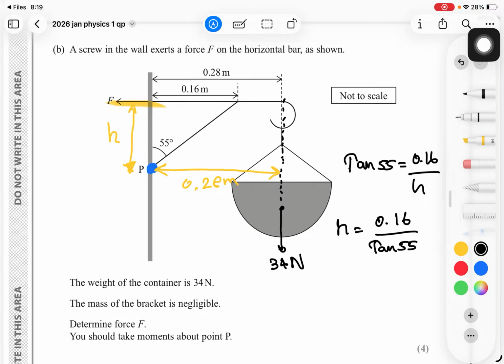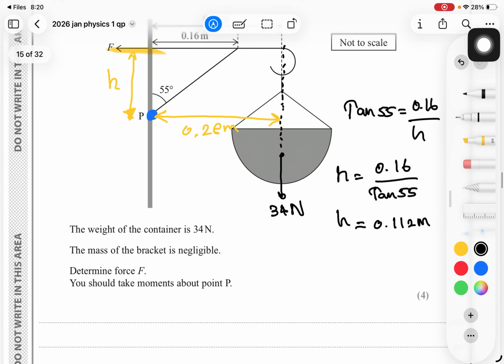With trigonometry we can get that value, which will be 0.112 meters. This is one important thing to get the moment. So let's take the weight acting as a clockwise moment, and the force F acting as an anticlockwise moment.